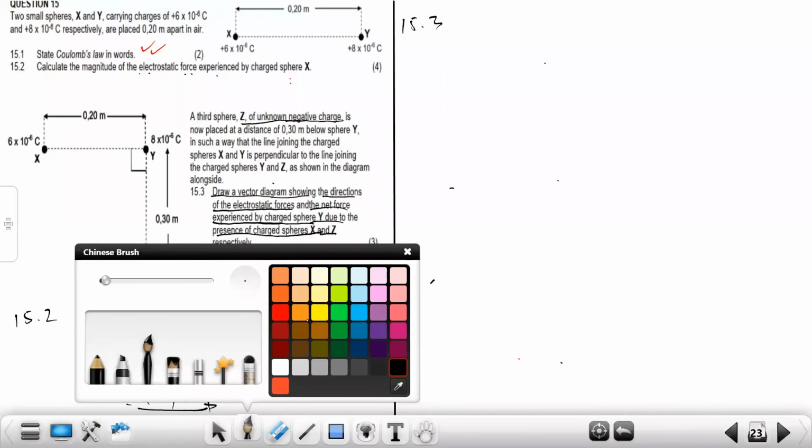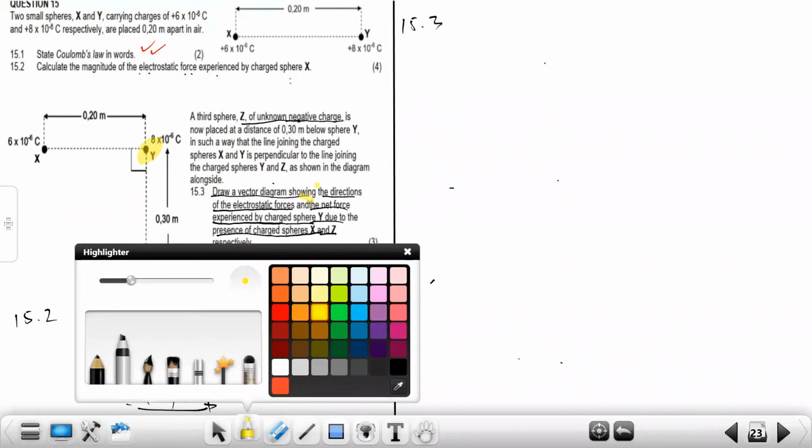Remember, we said when we work with charges placed in two dimensions, we always say our reference charge will be the charge at the center, the charge where the two meet, X and Y, and Y and Z. So I did not even have to read the full question to understand exactly what they want.